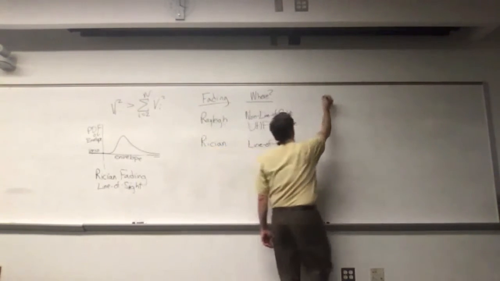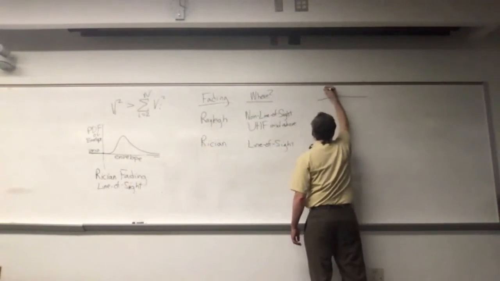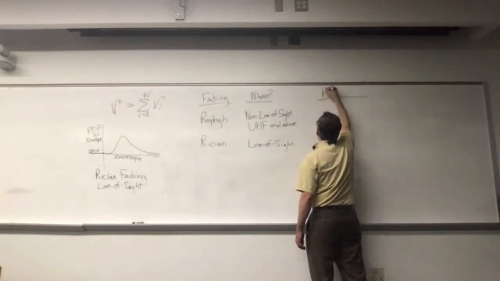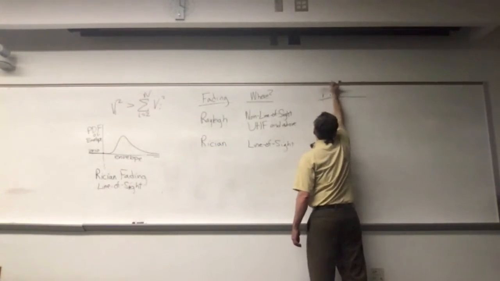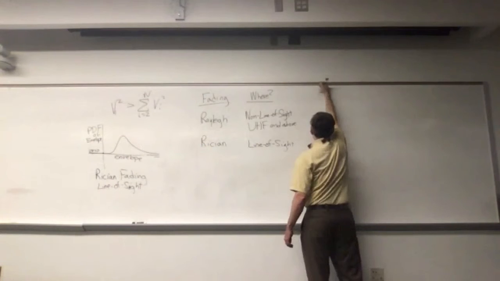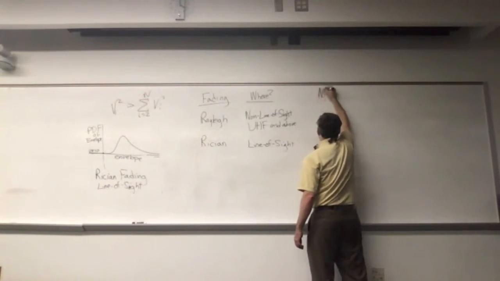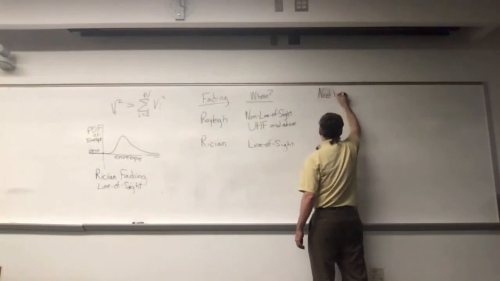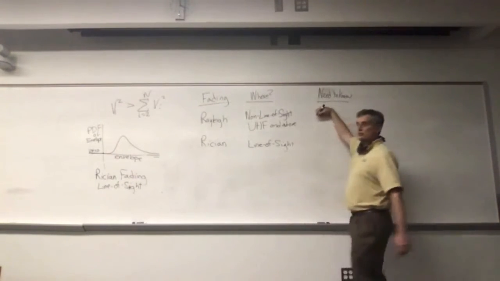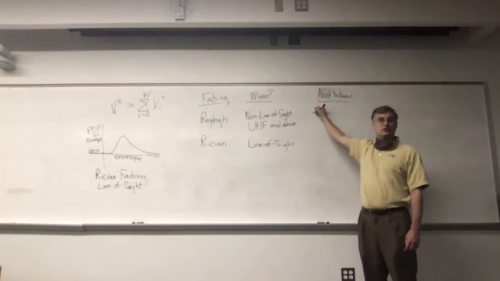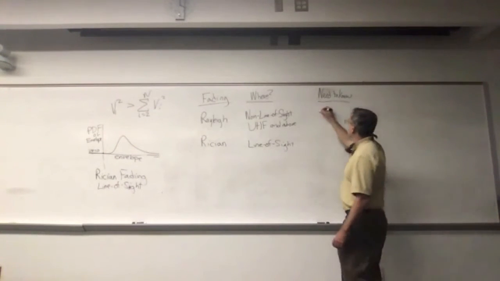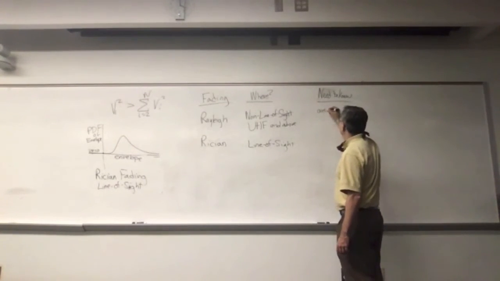We said here, what do you need to know to characterize a Rayleigh fading distribution? Let's put a column that says "need to know." All you need to know, there was only one parameter in that distribution. What was it?